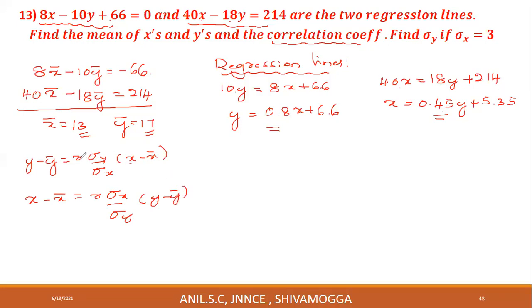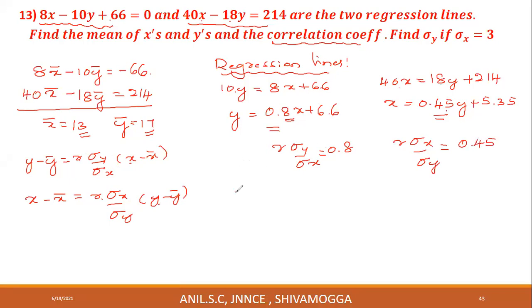The coefficient of x is r into sigma y divided by sigma x, here equal to 0.8. And the coefficient of y is r into sigma x divided by sigma y, that is equal to 0.45.